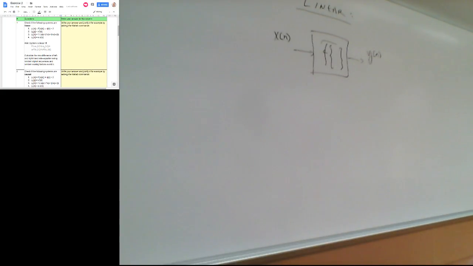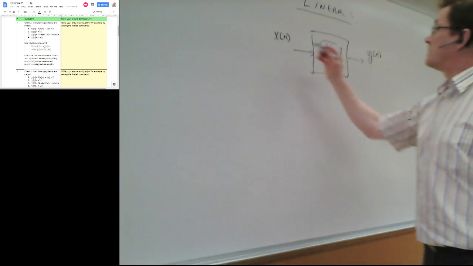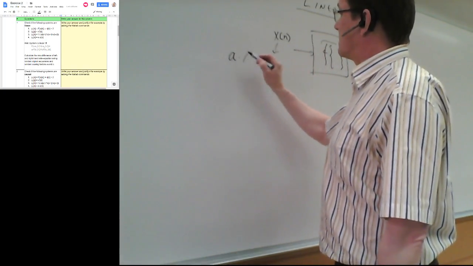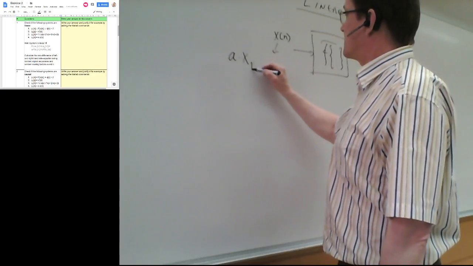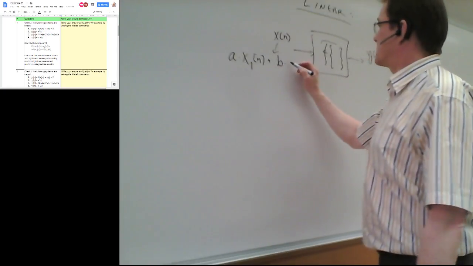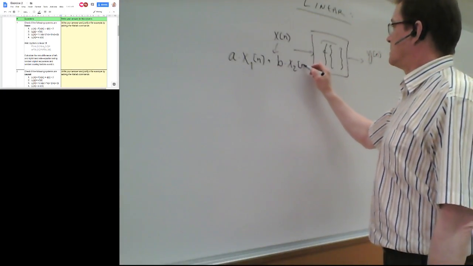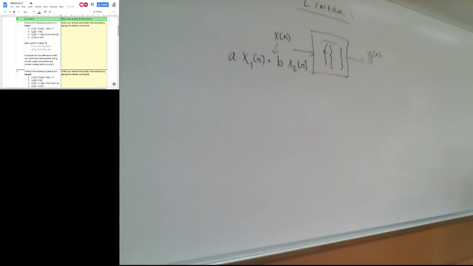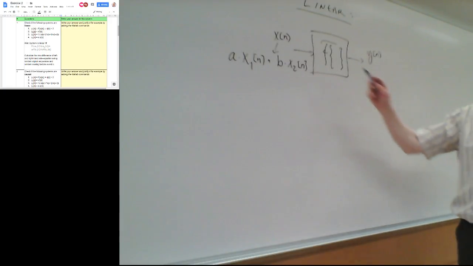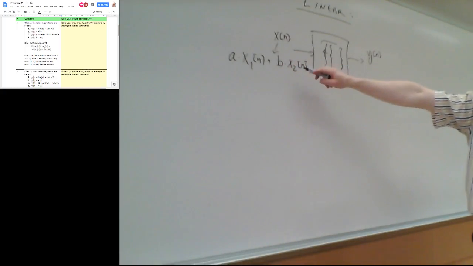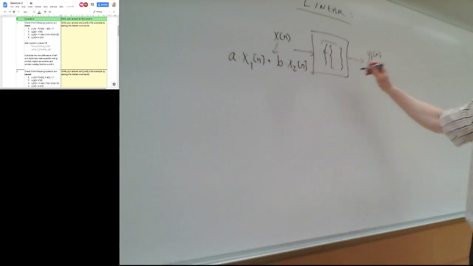so basically if a system is linear, if you replace that by some scaling factor a times x1[n] plus b times x2[n], so the input signal is a combination of different signals, and they are even scaled with arbitrary numbers.